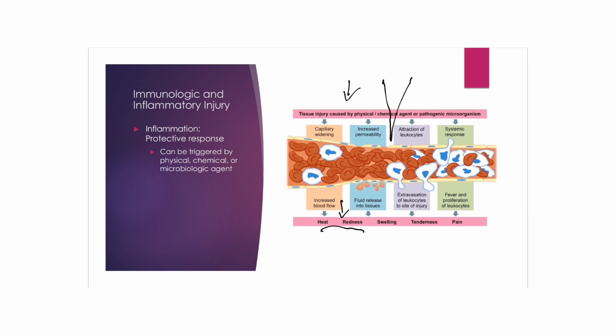Think of when you smack your elbow on something: if it becomes inflamed, it'll start to get warm and swollen, and that's all because of the capillary leaking, the blood vessel dilation, and so on. Again, with increased permeability, fluids start to leak into the tissues, and you'll get some swelling, some edema.